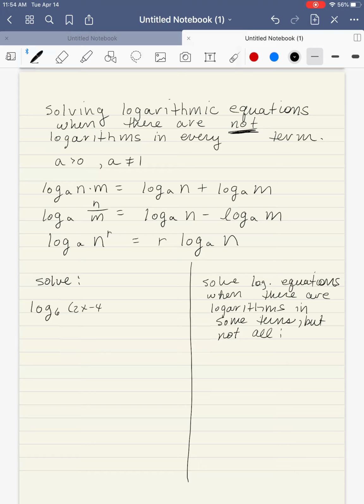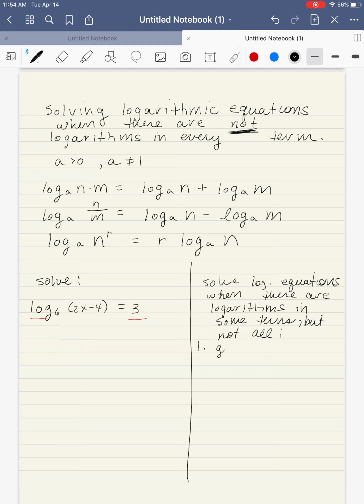So if we have the logarithm base 6 of 2x minus 4 equals 3. So we're trying to solve for x. And we see that this is the type of equation that we're looking at, where we have logarithms in some of our terms, and then we have just numbers in some of our terms.